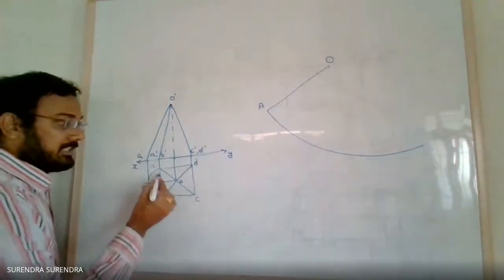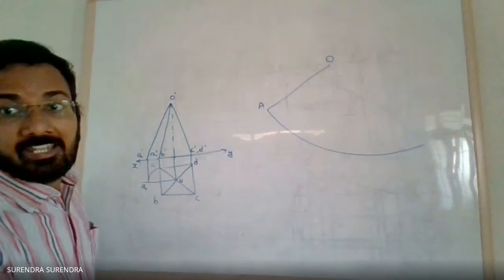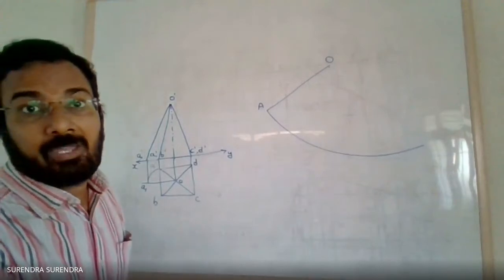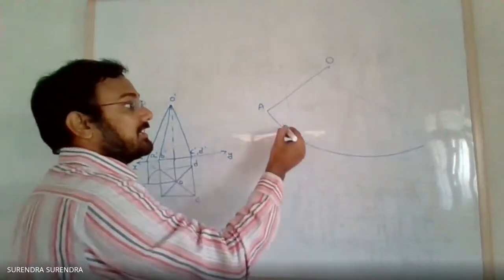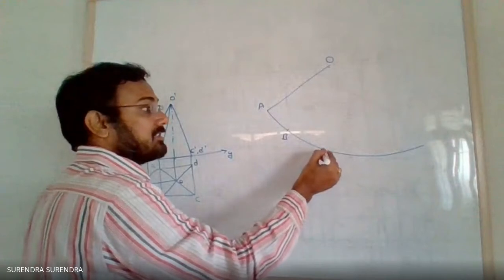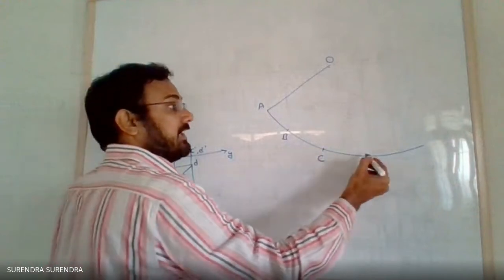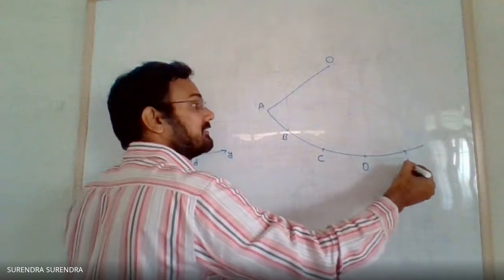Now, take radius equal to the side length of the square, that is 25 mm given in the problem. So with side length 25 mm, A as center, draw an arc. Point B, B as center, draw arc. We get C, C as center, draw arc. D, D as center, again arc.